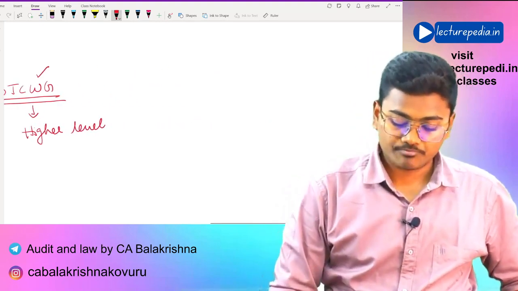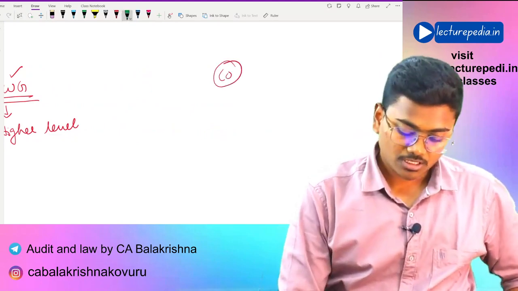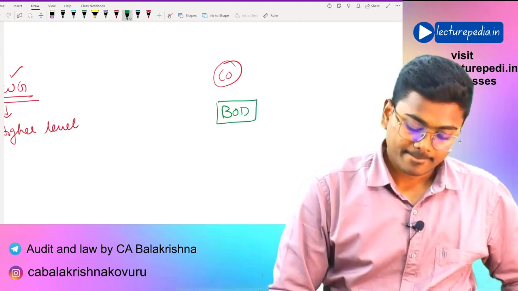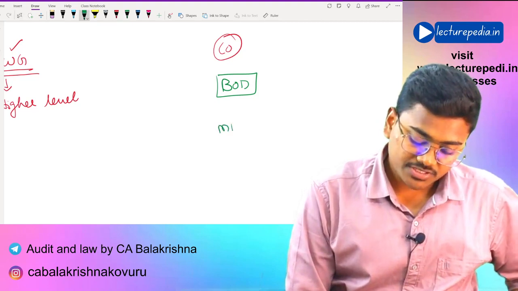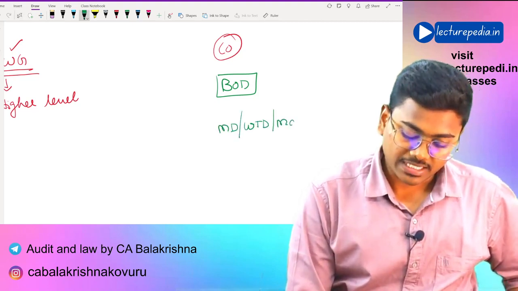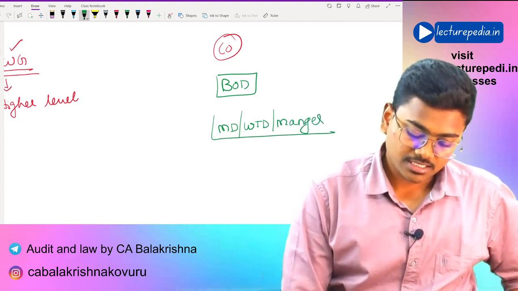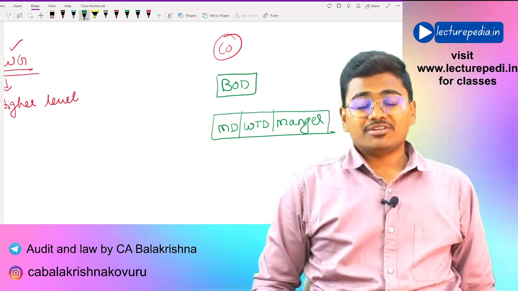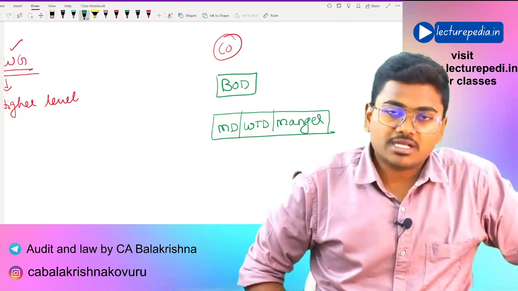For example, in case of a company, we will be having a board of directors and will also be having a managing director or whole-time director or manager. If you have completed classes related to paper 4 corporate and economic laws, you will know the difference between a normal director, managing director and whole-time director or manager.